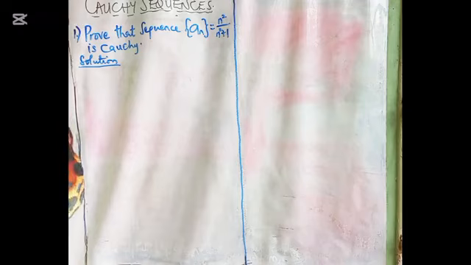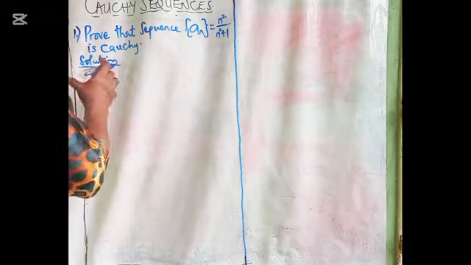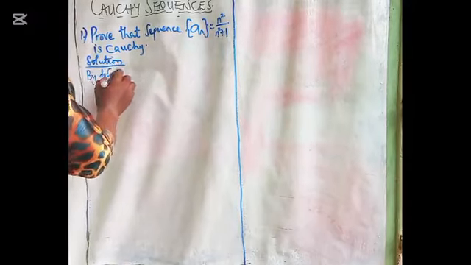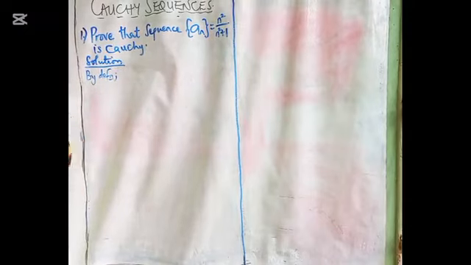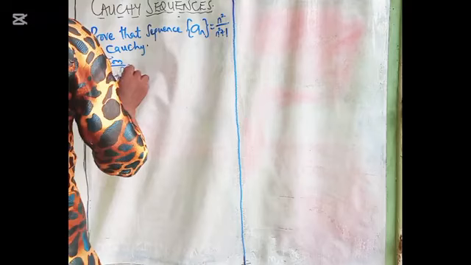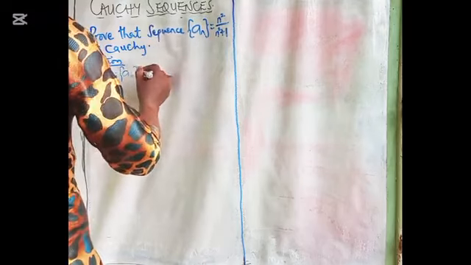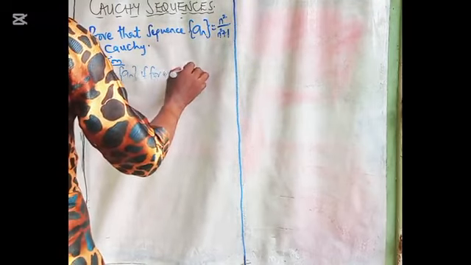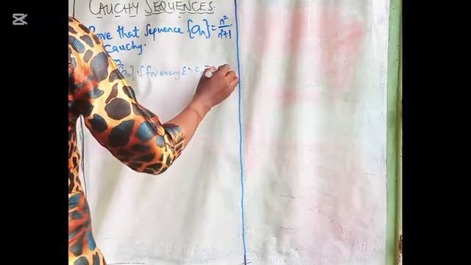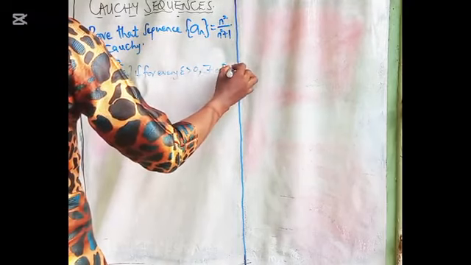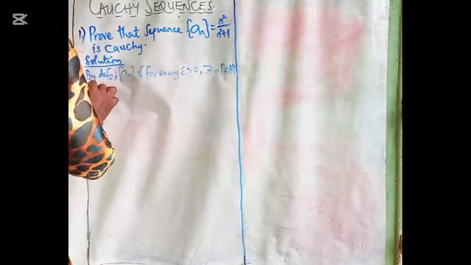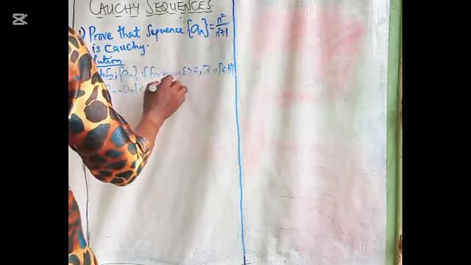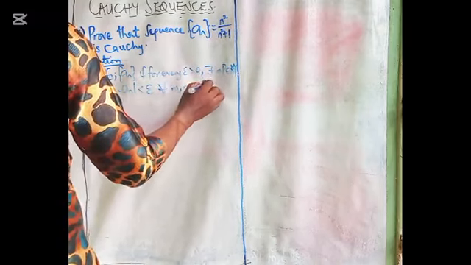By definition, a sub n is said to be Cauchy if for every epsilon greater than 0, there exists a p belonging to the set of natural numbers such that the absolute value of a sub m minus a sub n is less than epsilon for all m and n greater than p.